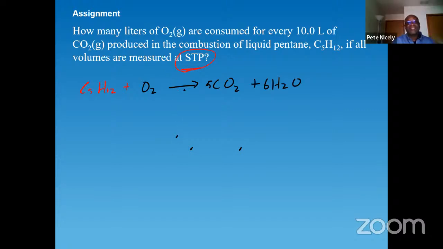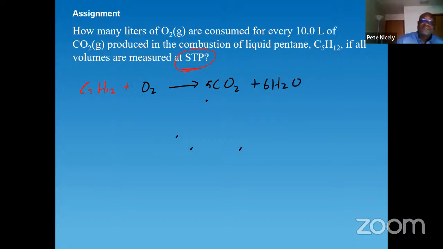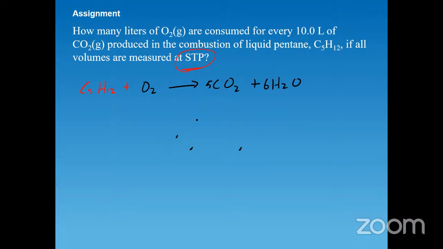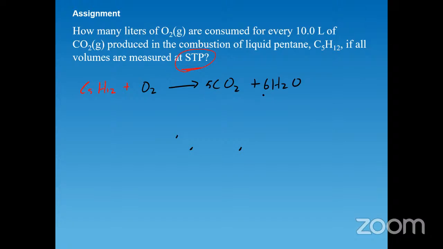Well, let's think about it. How many oxygens do we have total on the right side? You have to multiply the 2 by 5 to get 10, right? Plus that one oxygen, which is 11.